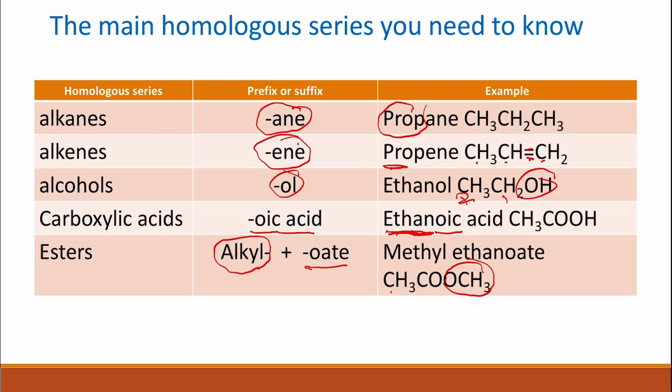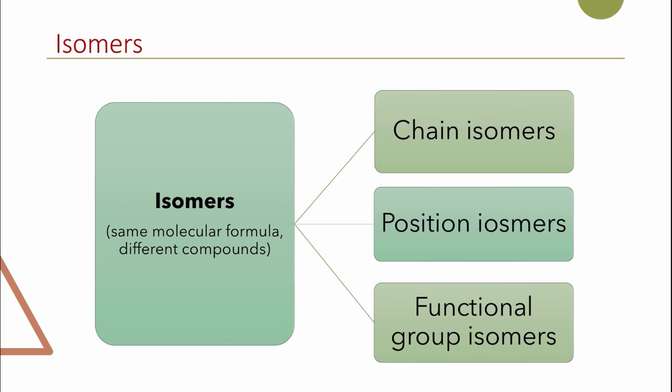So we have something like this. As esters come from a reaction between an alcohol and a carboxylic acid, we have to name both. The alcohol part is going to be alkyl, and the part that comes from the carboxylic acid is called oate. So this one, the acid here has two carbon atoms, so it's ethanoate, and the alcohol has only one carbon atom, so it's methyl ethanoate.